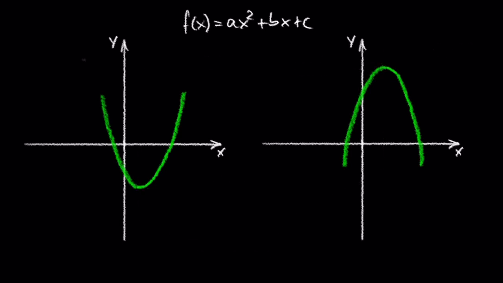The y-intercept is the point where the parabola crosses the y-axis. And the x-intercept or x-intercepts are the points where the parabola touches or crosses the x-axis, respectively.